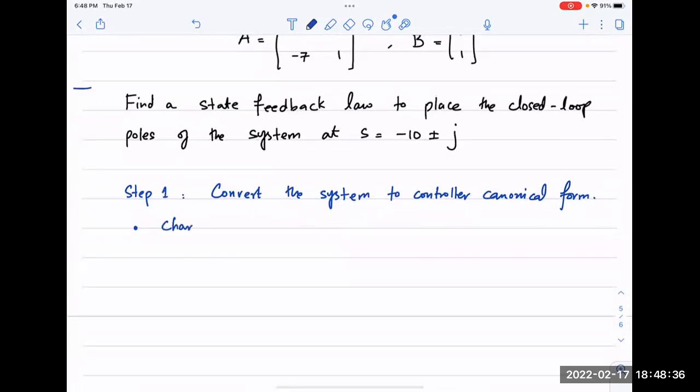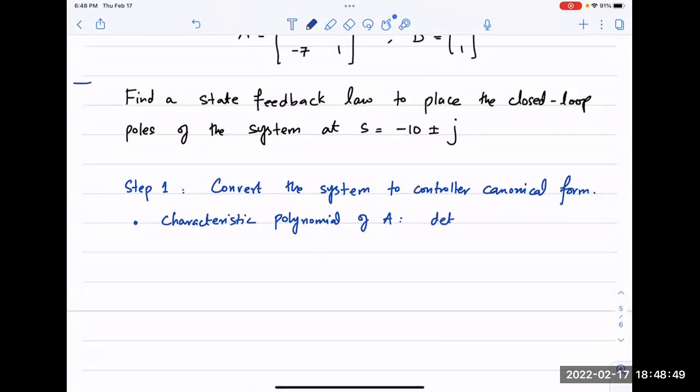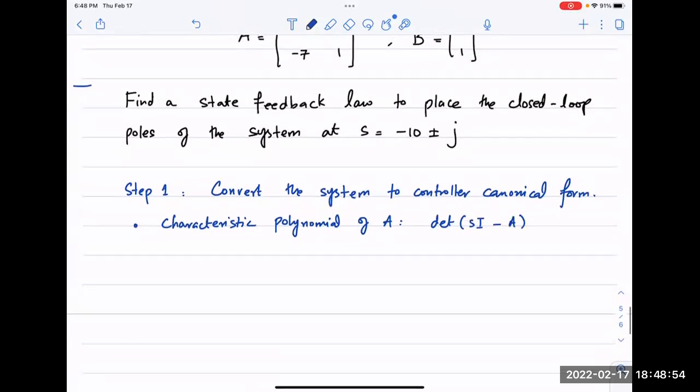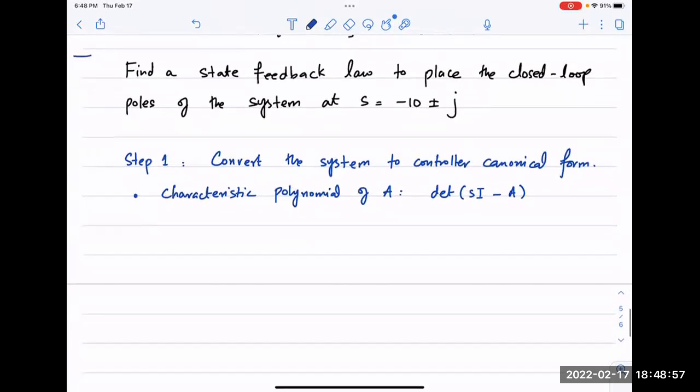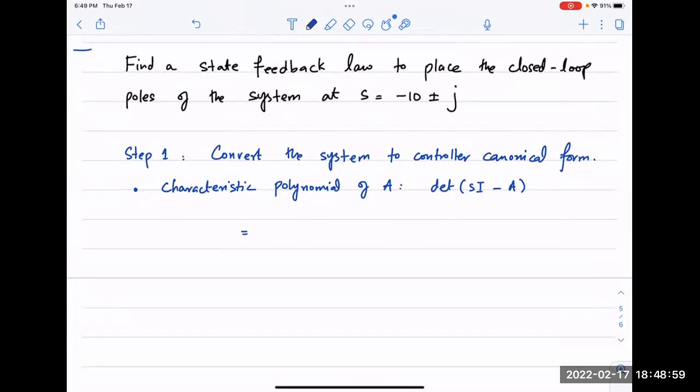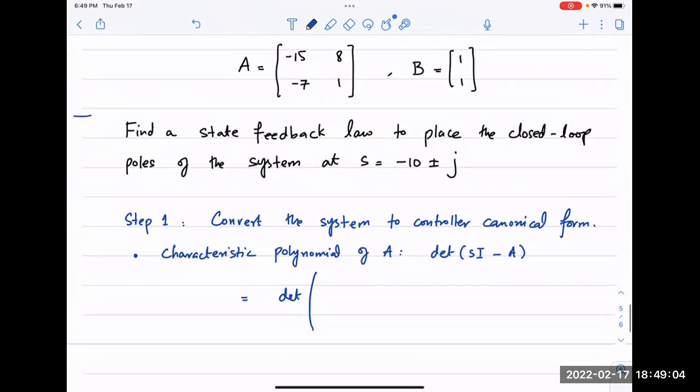So let's say the characteristic polynomial of A is by definition the determinant of sI minus A, which is basically the determinant of the matrix [s plus 15, -8; 7, s minus 1].